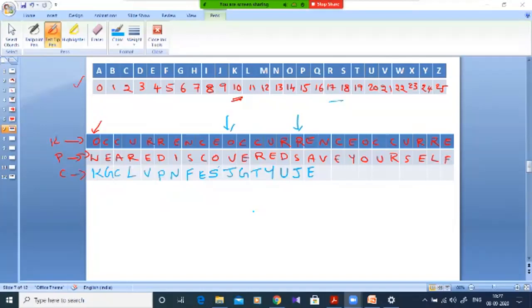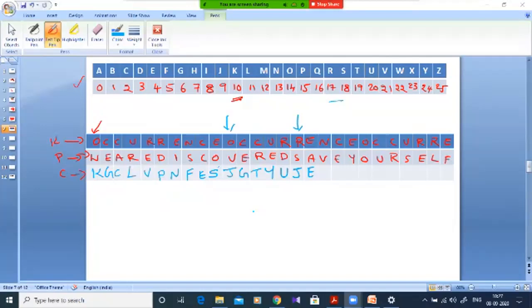Please try to do this example and tell me what the ciphertext can be using the first technique we discussed today, the Vigenère cipher.